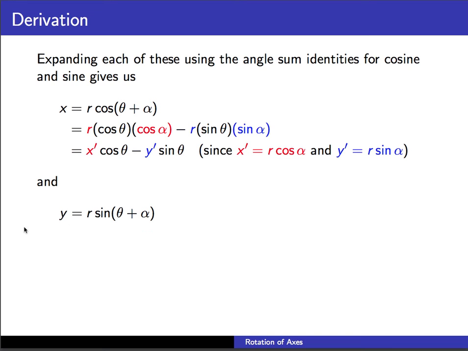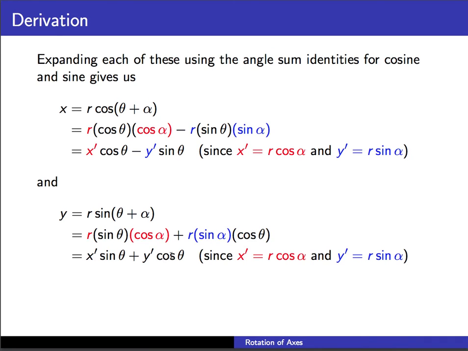Expanding the y as r sine of theta plus alpha using our angle sum identity for sine, we have r times sine theta times cosine alpha plus r times sine alpha times cosine theta. Once again, we have r cosine alpha in red, r sine alpha in blue. r cosine alpha is x prime, and r sine alpha is y prime.